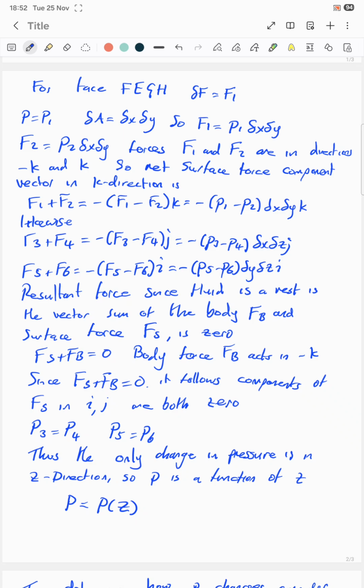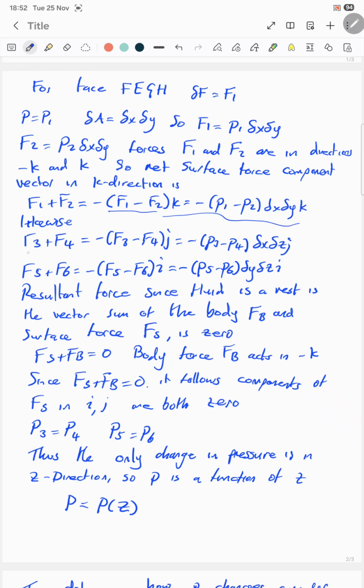Delta A, our area, is delta X multiplied by delta Y. So the force F1 is equal to P1 delta X delta Y, and F2 likewise is P2 delta X delta Y. So forces F1 and F2 are in the direction of minus K and K respectively. So the net surface force component vector in the K direction is the sum F1 plus F2.